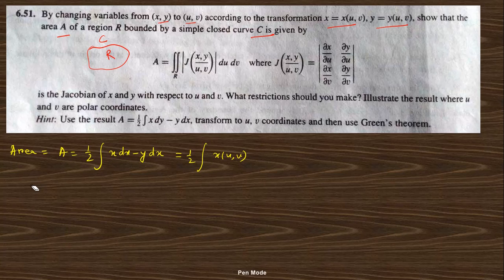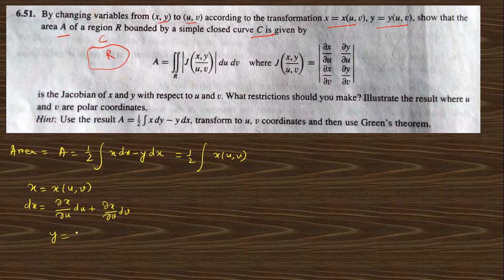Since x is a function of uv, you can say dx is nothing but del x by del u into du plus del x by del v into dv.